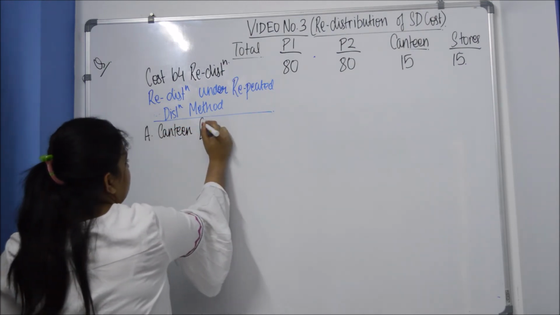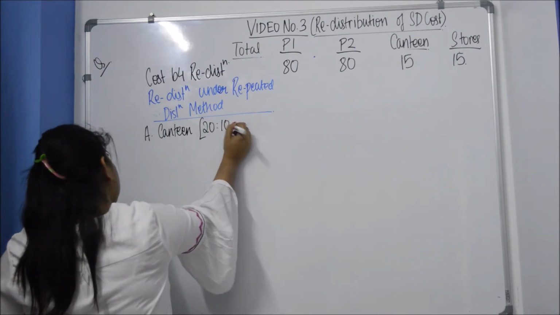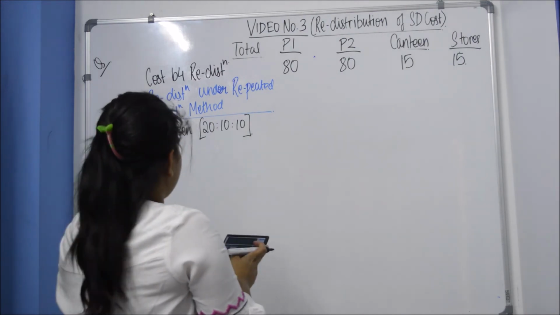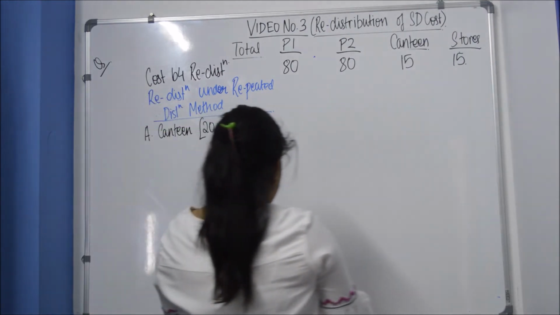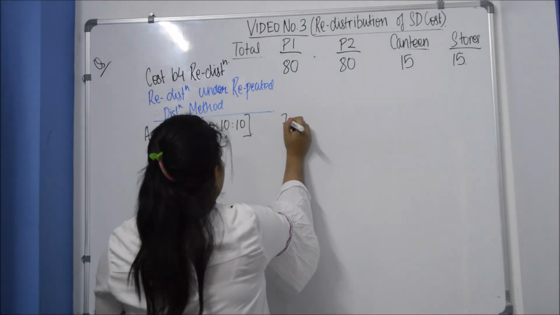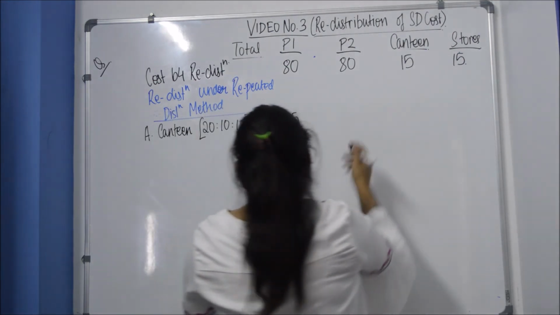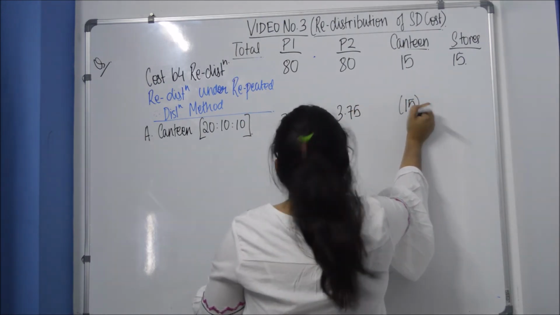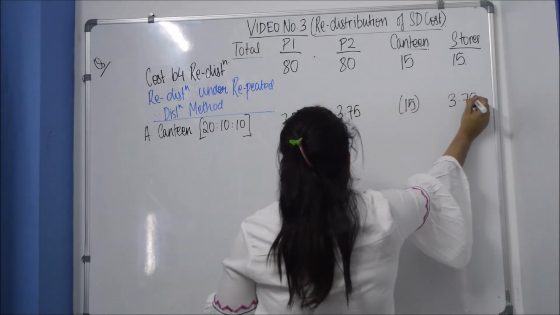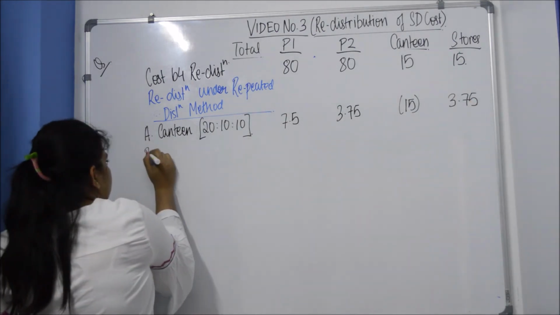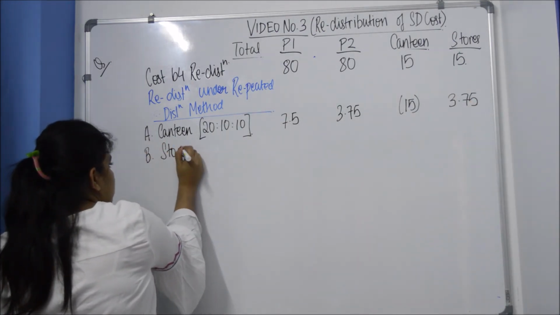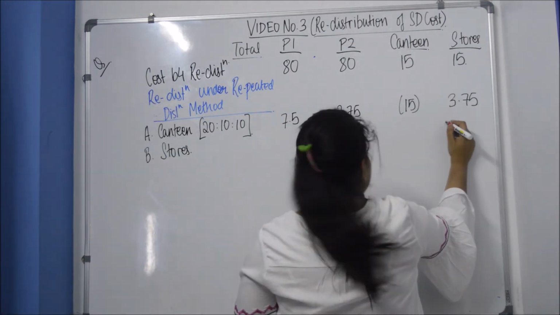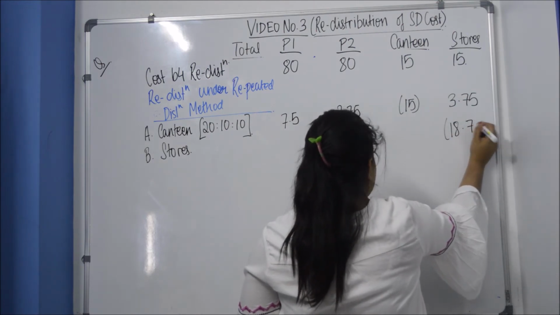Canteen will be distributed in the ratio of 20:10:10. So, 15 divided would be 7.5, 3.75, negative 15 and 3.75. Then go to stores. Stores, how much should we distribute? We should distribute 15 plus 3.75, that is 18.75.